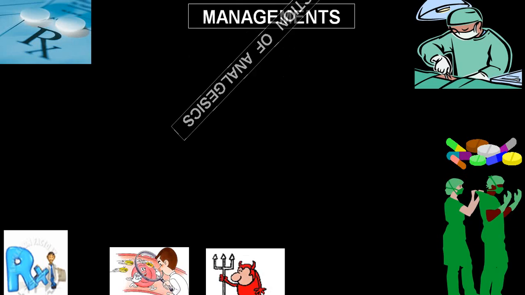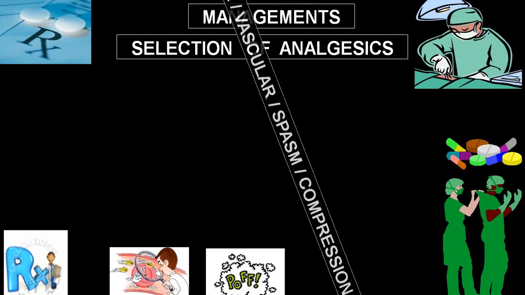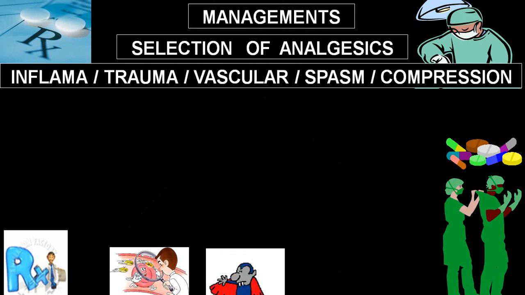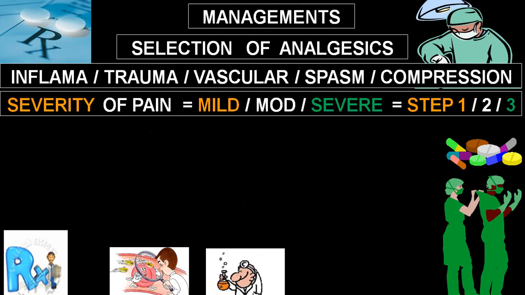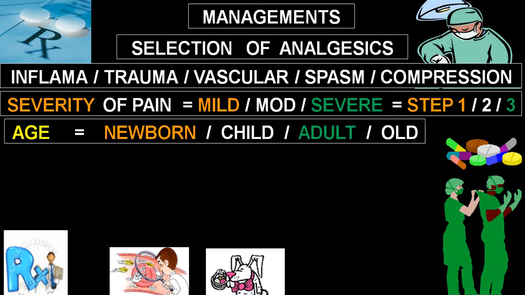Now as far as pain management is concerned, selection of analgesic will depend on the inflammatory process, traumatic process, vascular spasm, compressions, that is neuropathic pain, or you can divide into mild, moderate, severe. Step 1, step 2, step 3 is the internationally accepted mode of treatment. Depending upon the age, newborn, child, adult, or old person, because some of the analgesics are contraindicated in the old and newborn children.